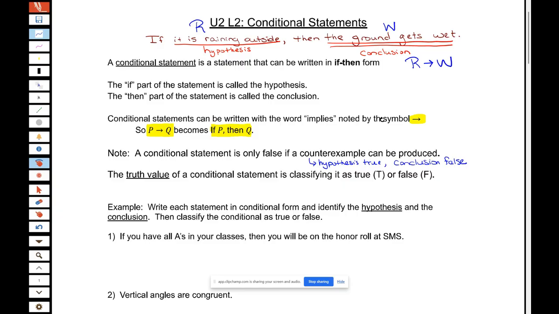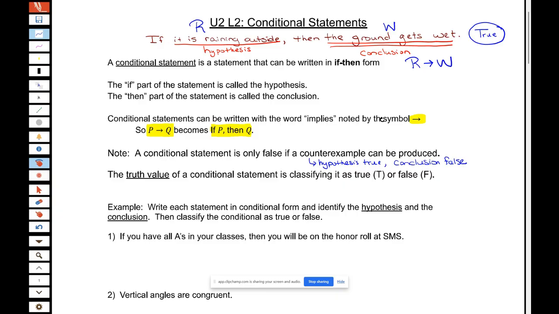So if I could find an example somewhere of it raining and the ground outside not getting wet, then I could prove that is a false statement, which we can't. Whenever it rains, the ground gets wet. I mean, yes, you could have an umbrella, but that's only going to protect a small portion. The ground somewhere is going to be wet. So that would be classified as a true statement, because no counterexample exists for that.